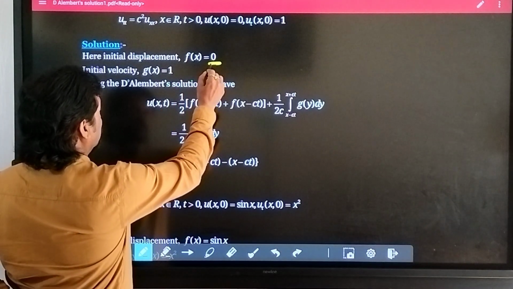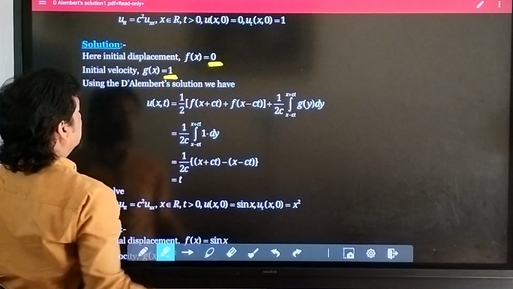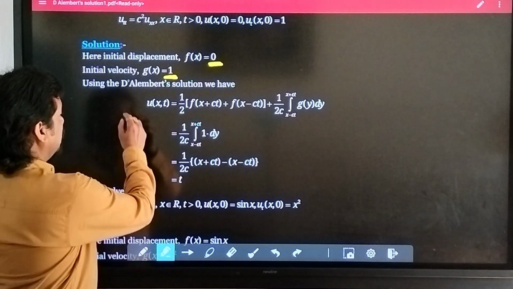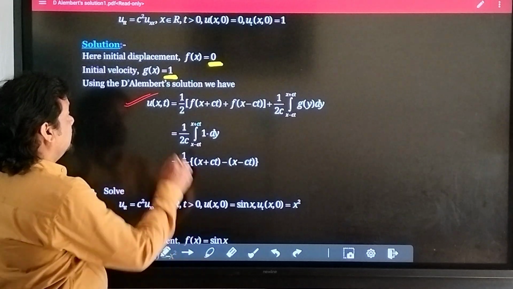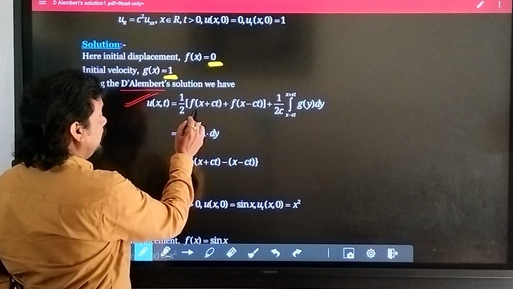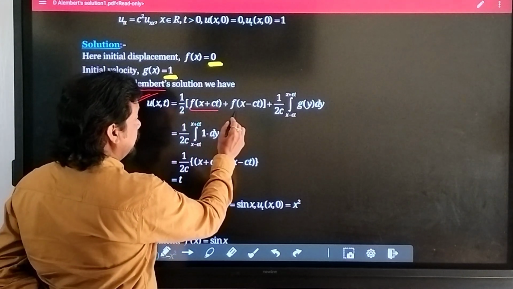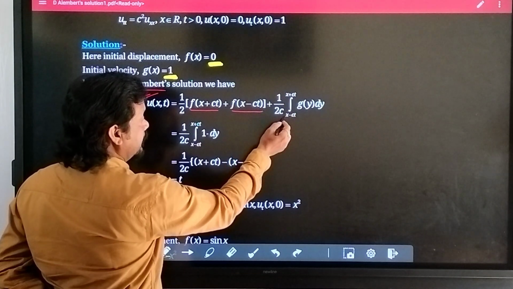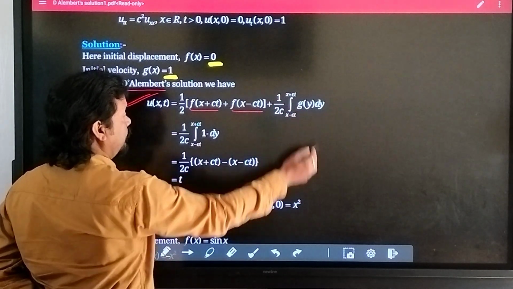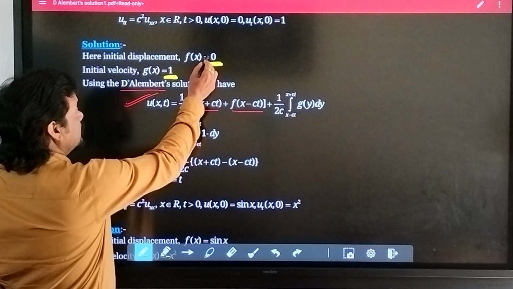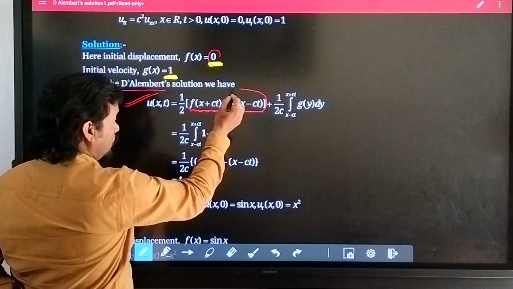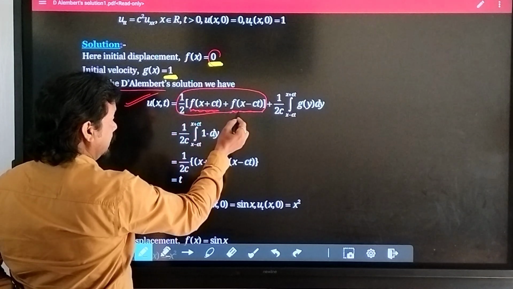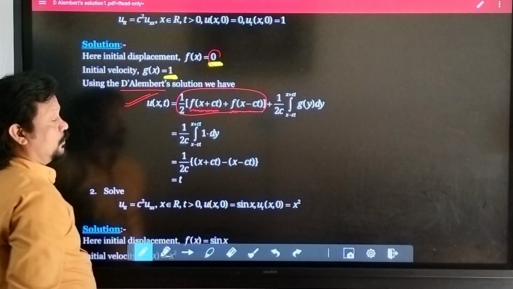The formula given by D'Alembert is half of f of x plus ct plus f of x minus ct, plus 1 by 2c integration from x minus ct to x plus ct of g of y dy. Here f is given as 0, so this quantity becomes 0. Clear?